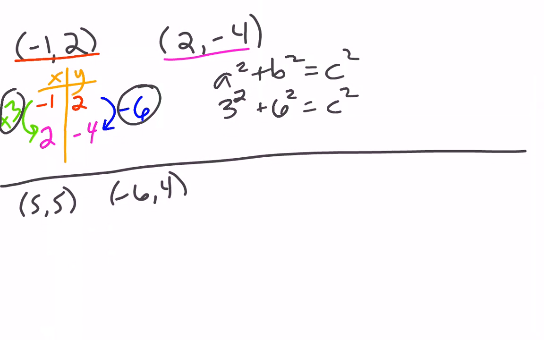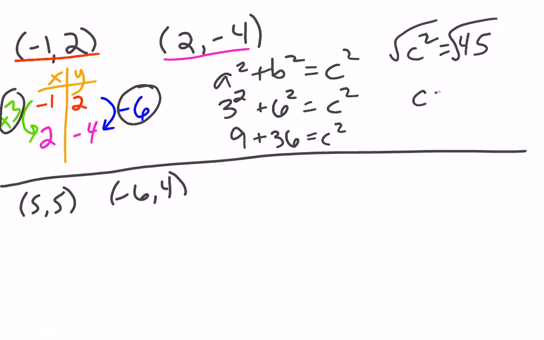And we simplify. 3 squared means 3 times 3, which is 9. 6 squared is 6 times 6, which is 36, equals c squared. Feel free to skip any of these steps if you can do it in your head. 36 plus 9 is 45. And then we're going to do the square root of both sides. And we're just going to leave that as a really ugly square root for now. We'll talk about other things we can do with that later.